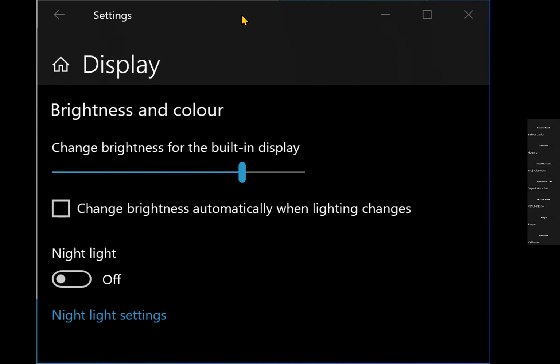Can you see my screen now? Yes, we can see your screen, but we're seeing your settings. Okay, I'll just leave them up. It could be because you're not sharing the whole screen. It's the whole screen. Yes, we can see your screen.